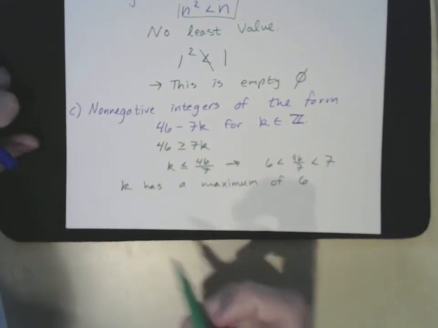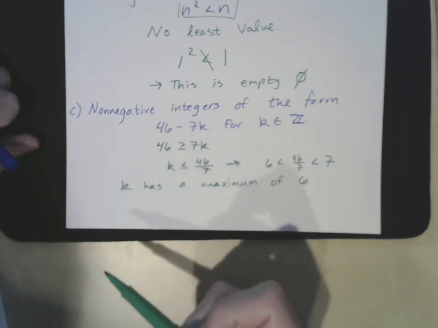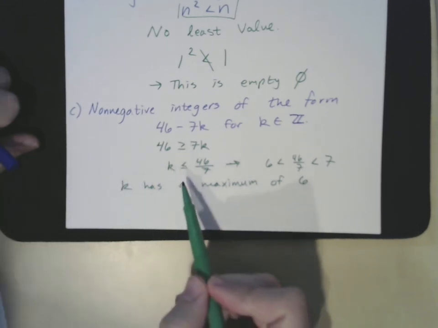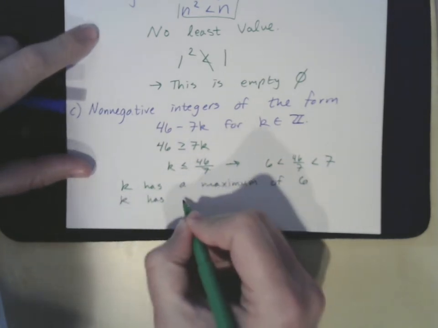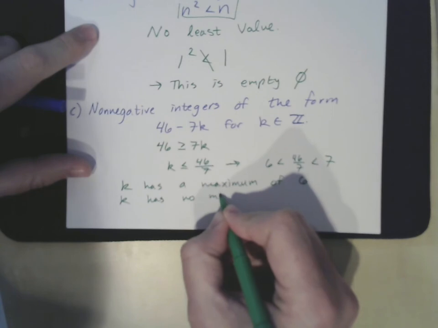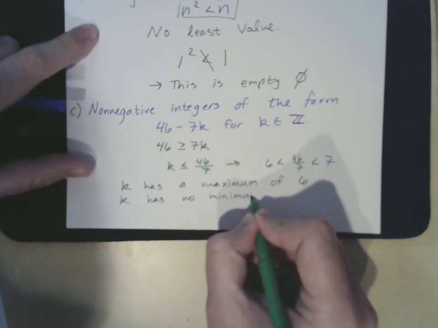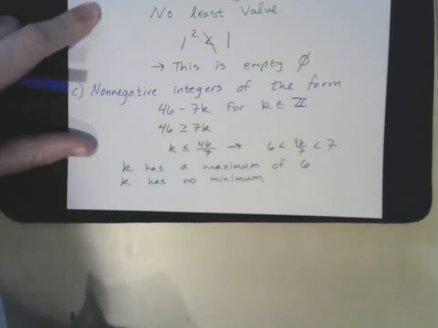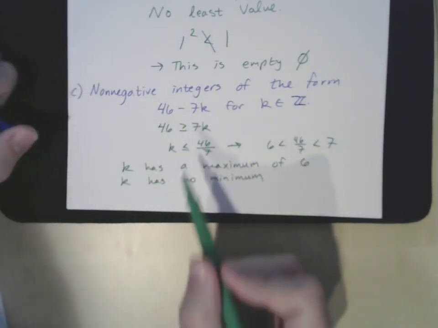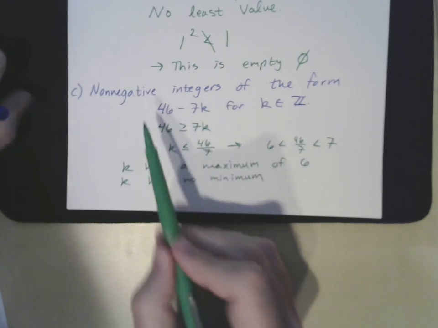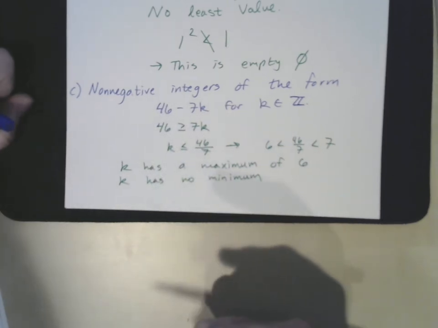Does k specifically have a minimum? Give you a second to think about that. The answer here is no. k has no minimum, because all we have to do is satisfy this inequality. So knowing this, we can ask the question now, does the set of integers of this form, 46 minus 7k, have a smallest value?